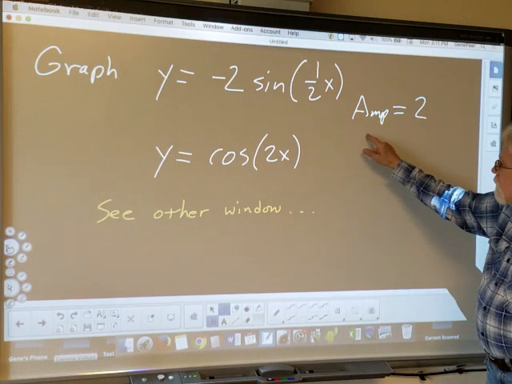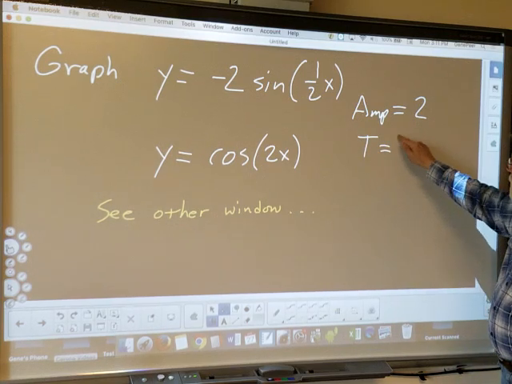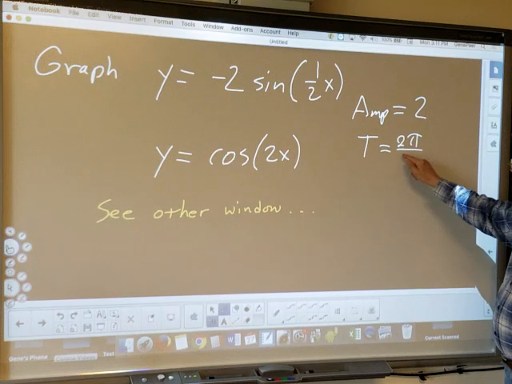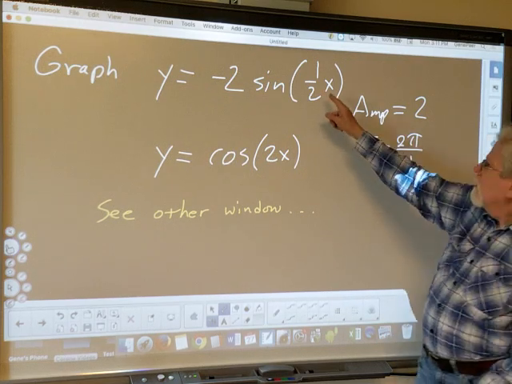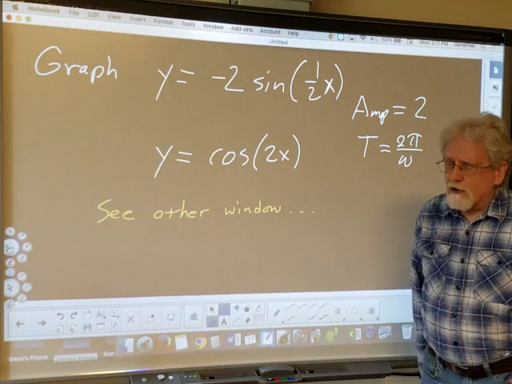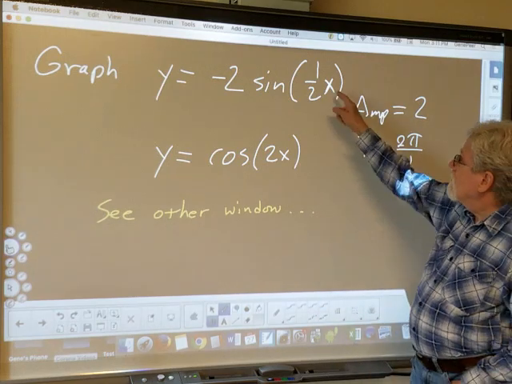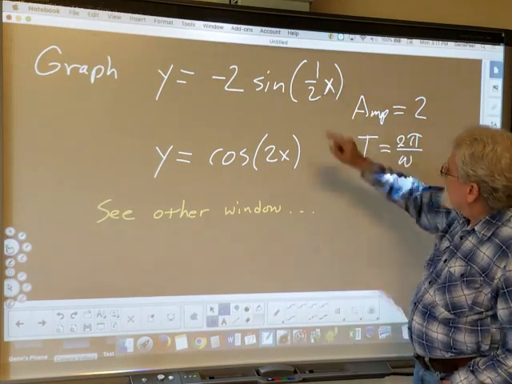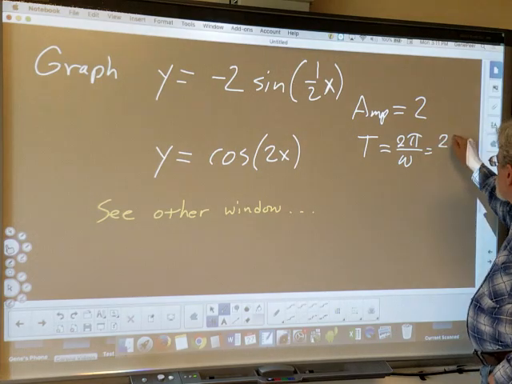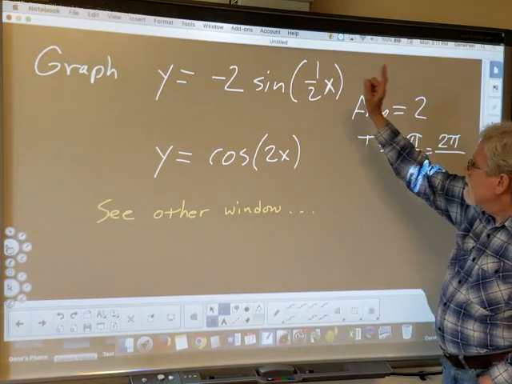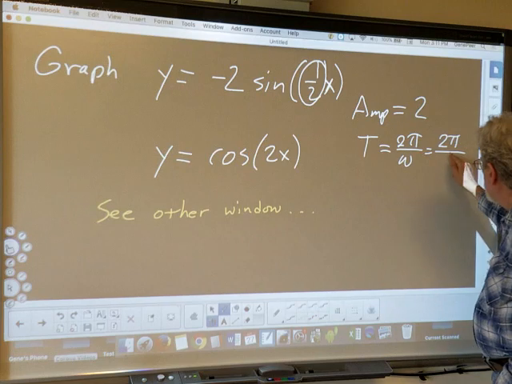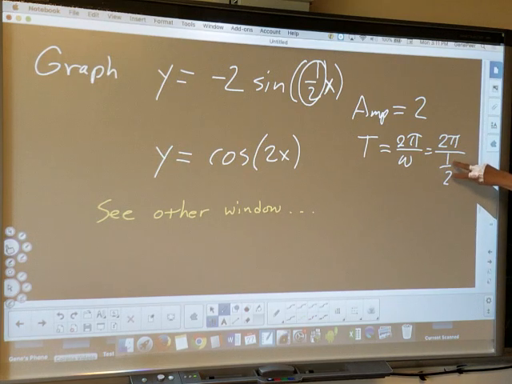And the period, which we call T, period is 2 pi divided by omega. What's omega this time? X is not part of the omega. Omega is the coefficient of x. So we're going to take 2 pi divided by 1/2. So I'll multiply by the reciprocal, and you have 4 pi.